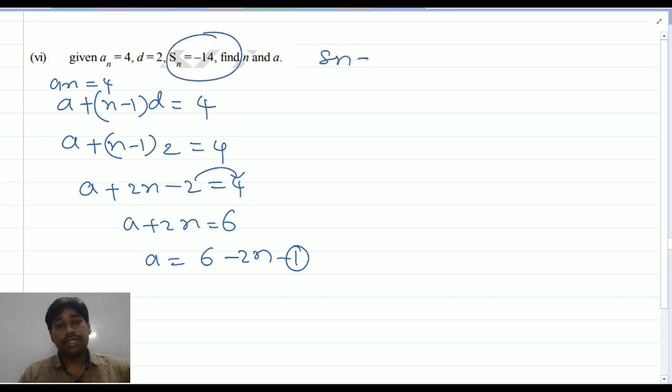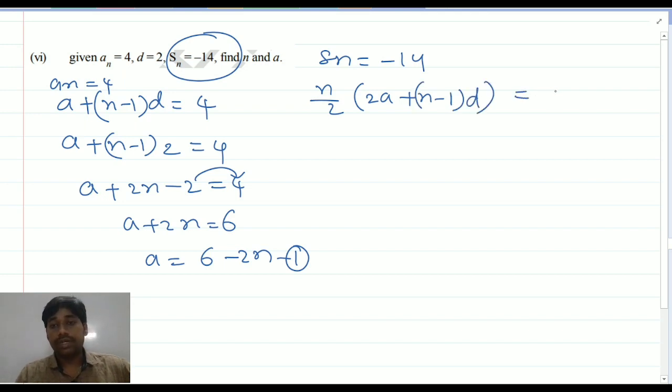What is that? Sn is equal to minus 14, that is n by 2 of 2a plus n minus 1 into d is equal to minus 14. n is not given, so let me take n as it is. For the a value I am taking 6 minus 2n.